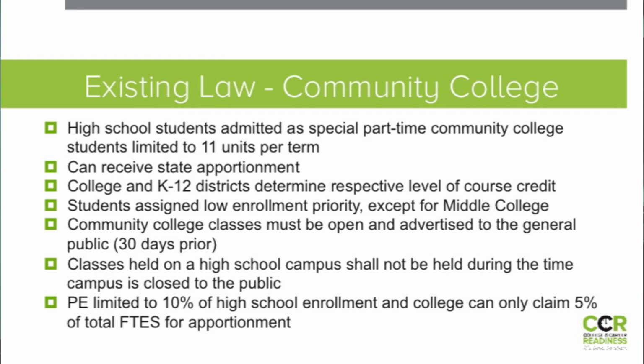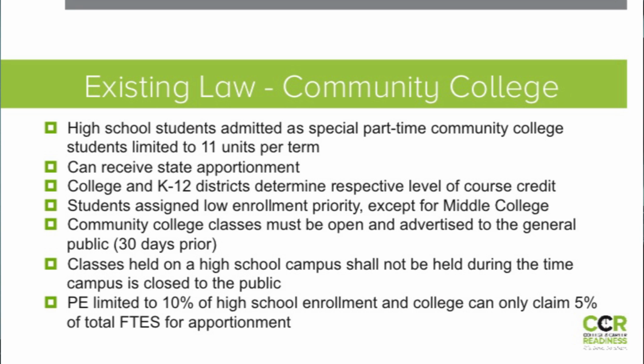Community college classes have to be open and advertised to the general public 30 days prior to the course. What that means is if a college wants to enter in an agreement with a high school to offer a course on the high school campus, a concurrent or dual enrolled course, and the high school wants their high school students to take that course, it cannot be limited to only high school enrollments.